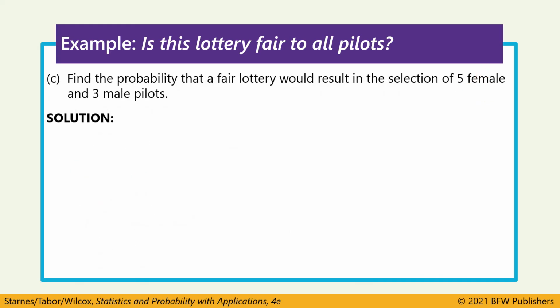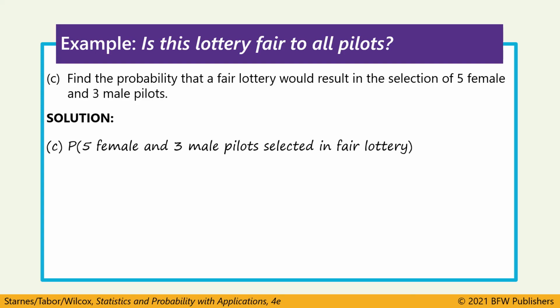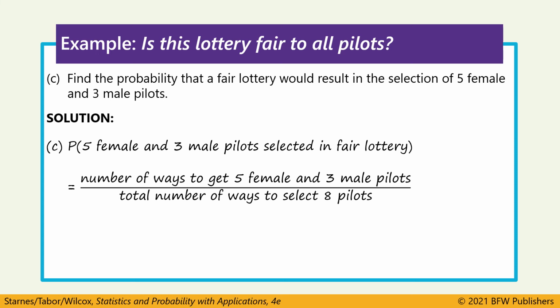Now, the people that are suspicious about the results of this lottery want to know what's the probability that we end up with 5 female pilots and 3 male from this group of 25. We're going to use the combinations that we just calculated in parts A and B. So the number of ways that we could get 5 female and 3 male pilots was given by this set of combinations here.